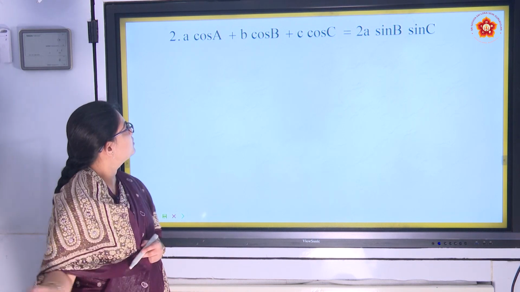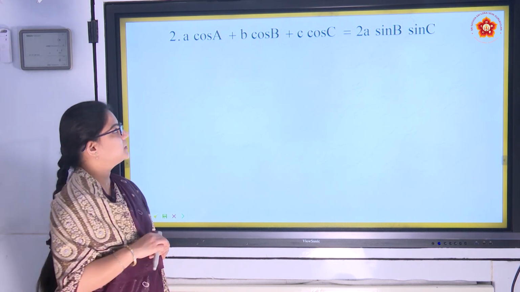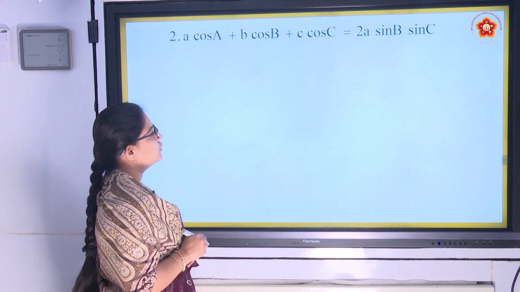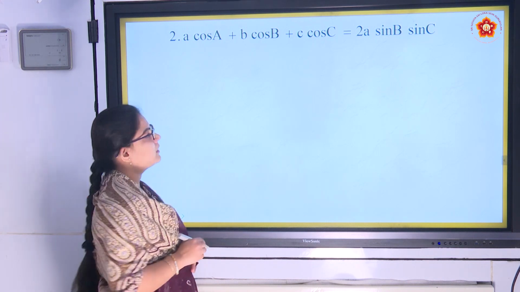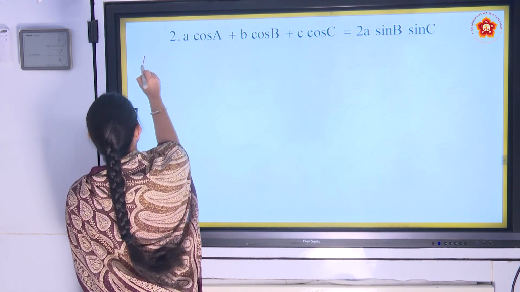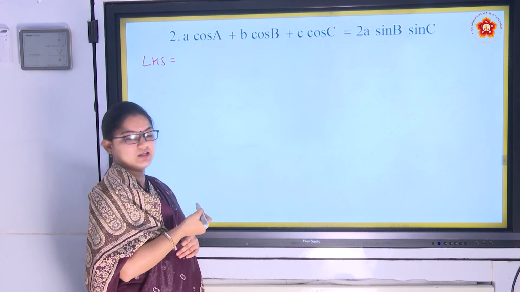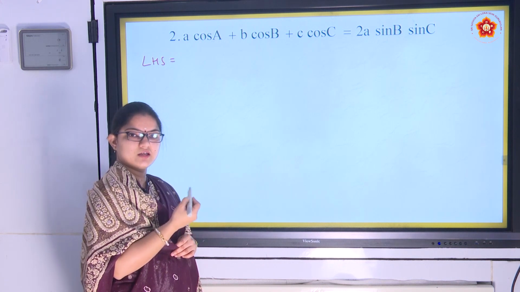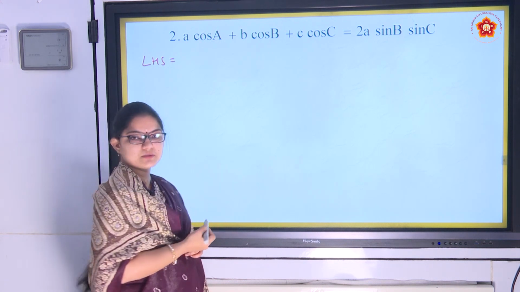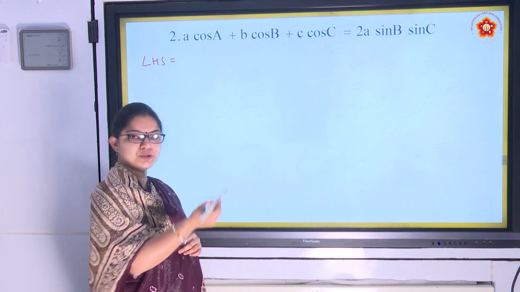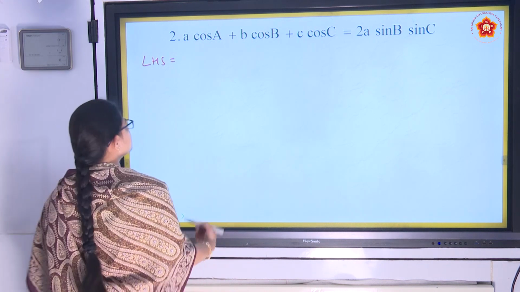We have a cos A plus b cos B plus c cos C is equal to 2a sin B sin C. So let us take the left hand side, where a we can substitute as k sin A, b as k sin B, and c as k sin C by using the sine formula. Let us make the substitution.